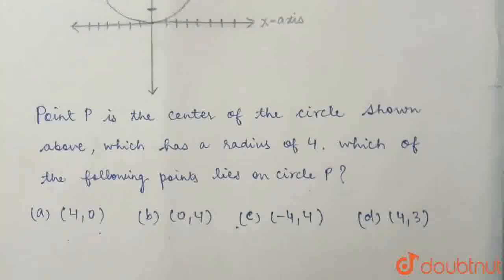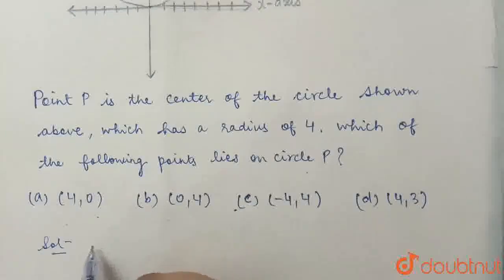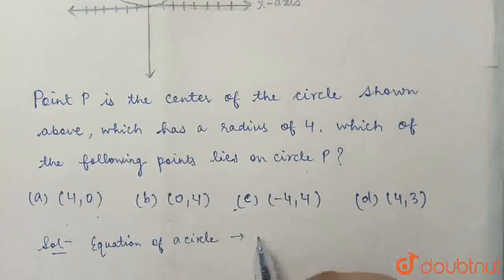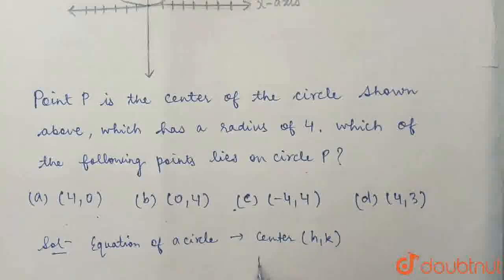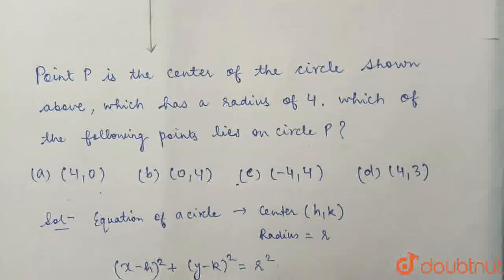So now our solution will be: we know the general equation of a circle with center (h, k) and radius r is (x - h)² + (y - k)² = r².